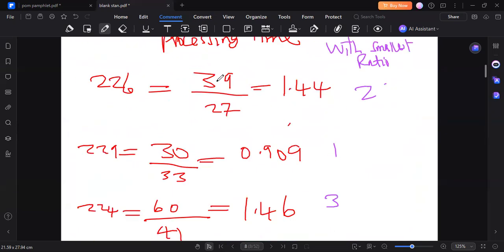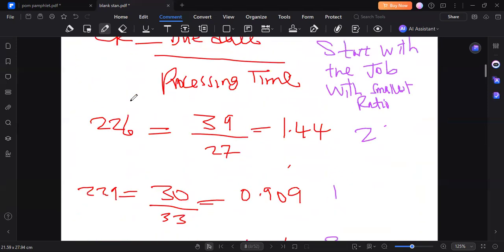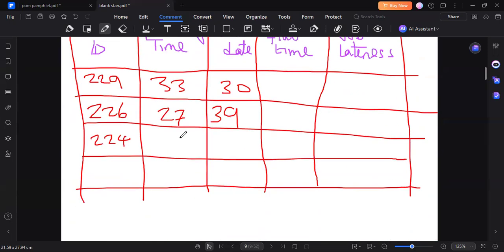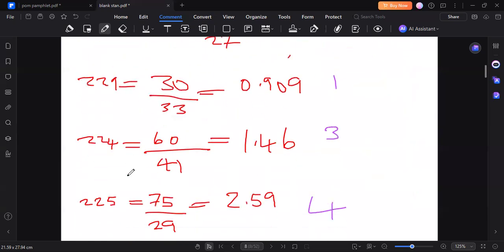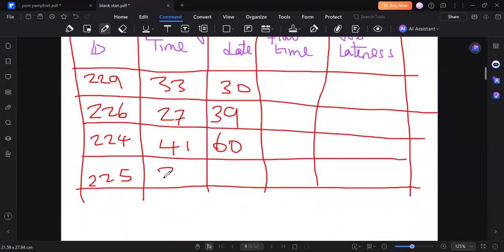Then what else? 224, which is 41 and 60. 225 is 29 and 75.